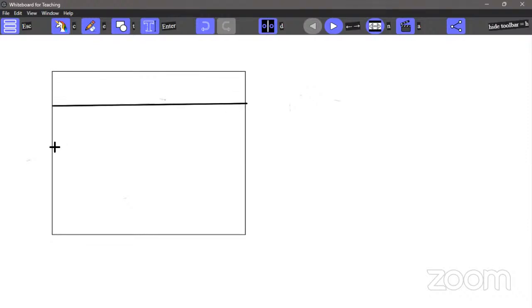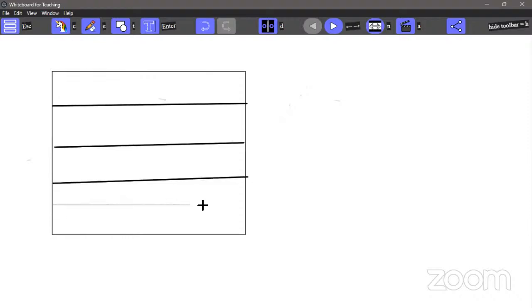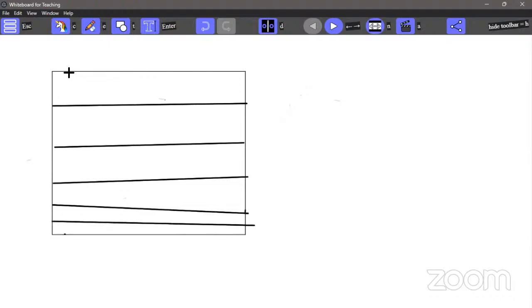One, 2, 3, 4, 5. 5 vertical. 6 vertical again.